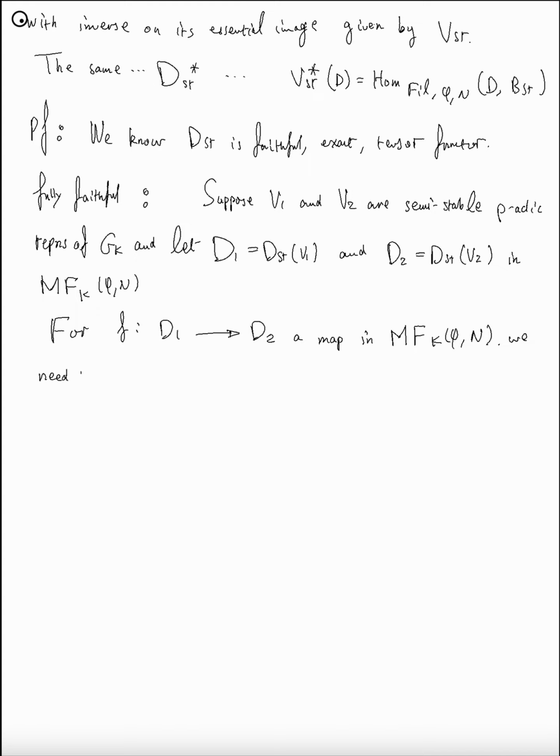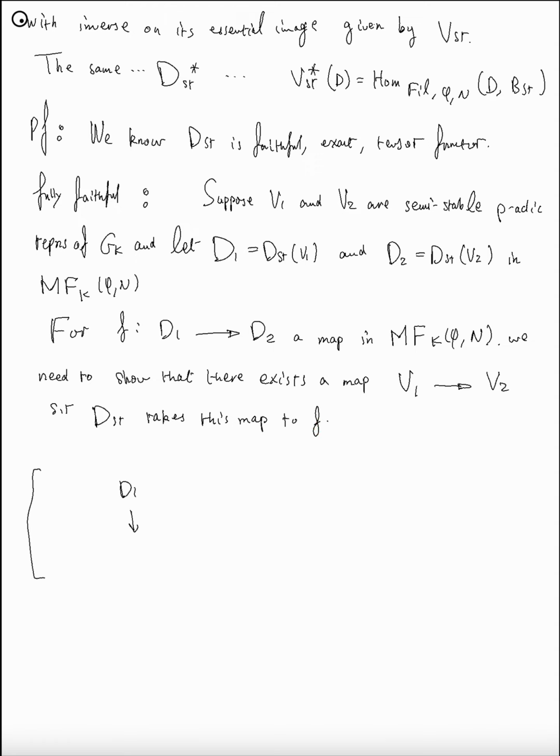We need to show that there is a map such that D_st takes this map to f.